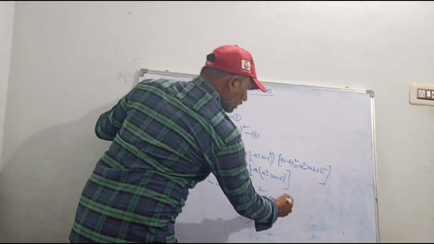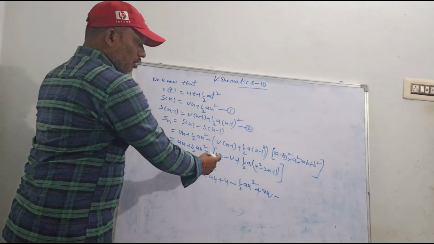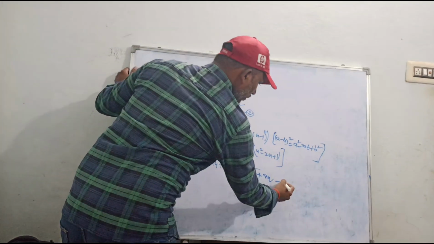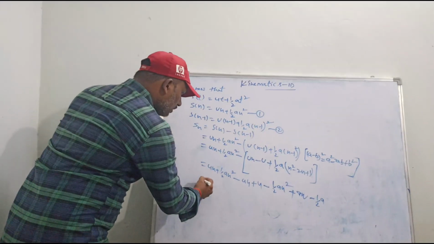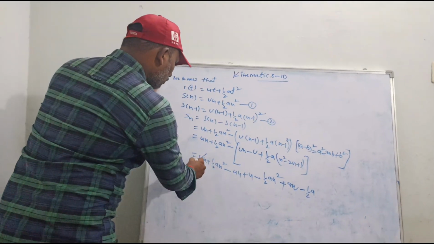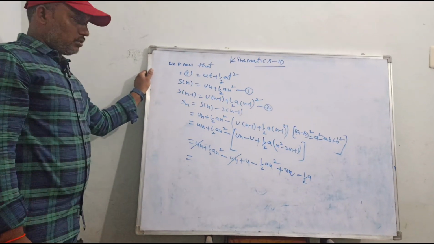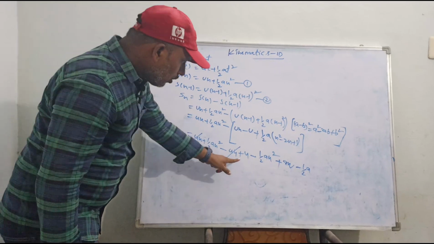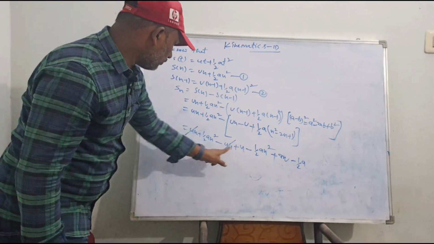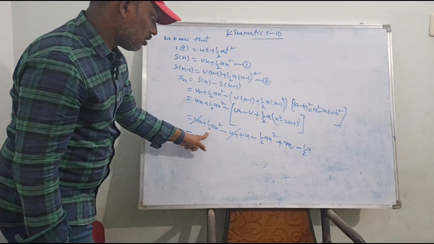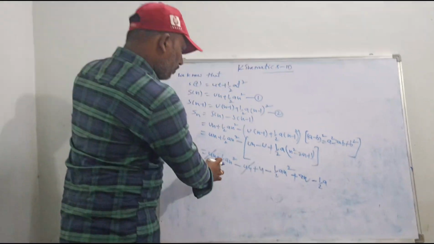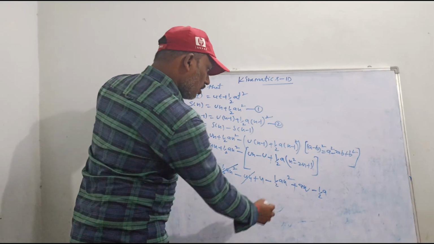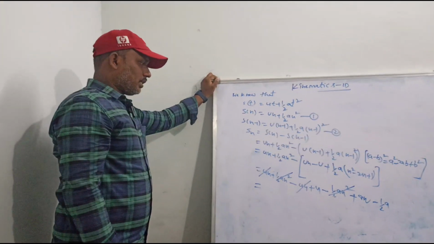Next minus into plus minus half a into 1, half a. Now let's see guys, here plus un minus un get canceled, plus u remains, plus an square minus an square, plus an square minus an square get canceled.